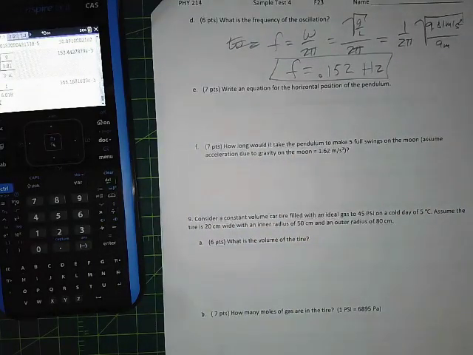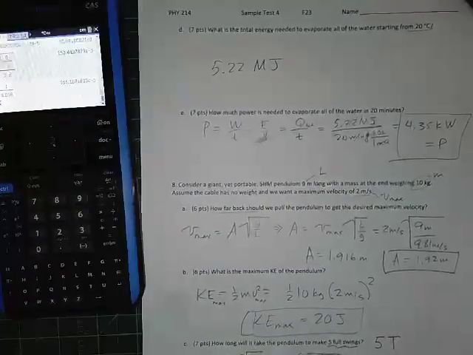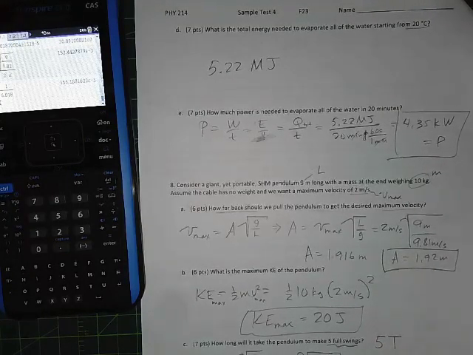Wrong here. So omega, square root of L over G. We got 1 over all of this.